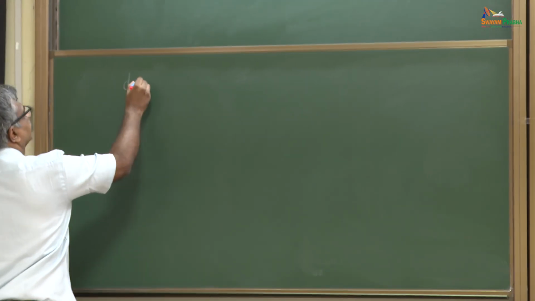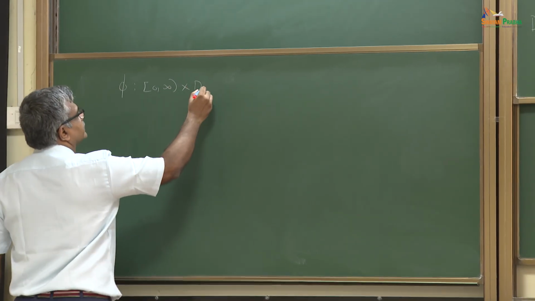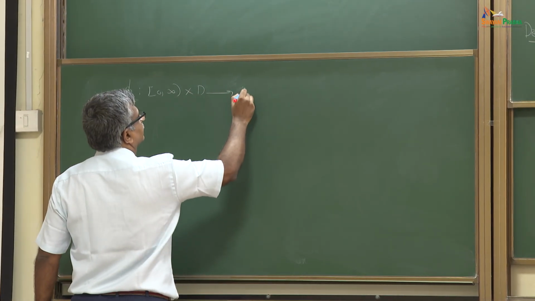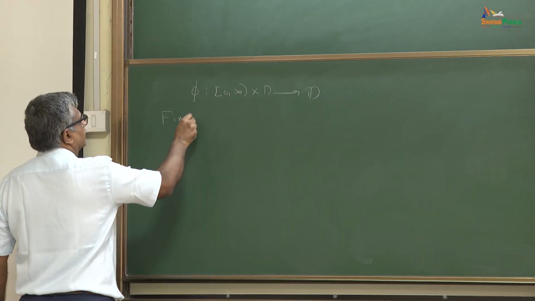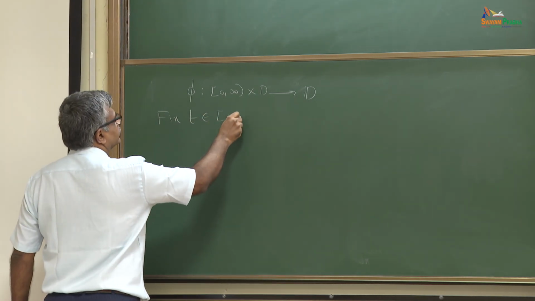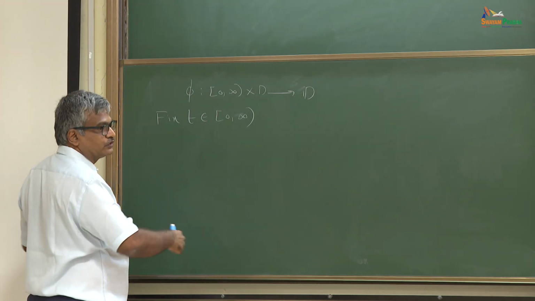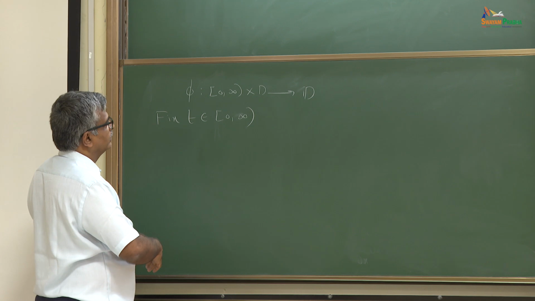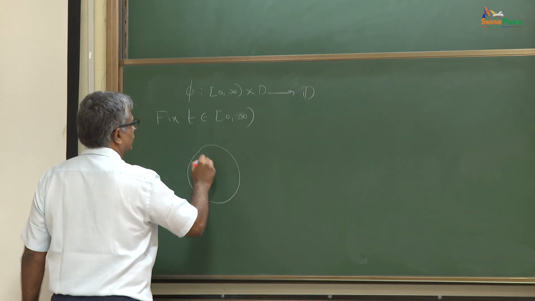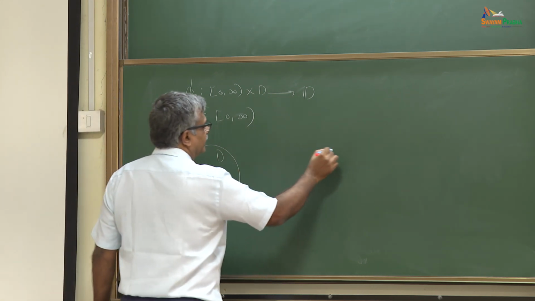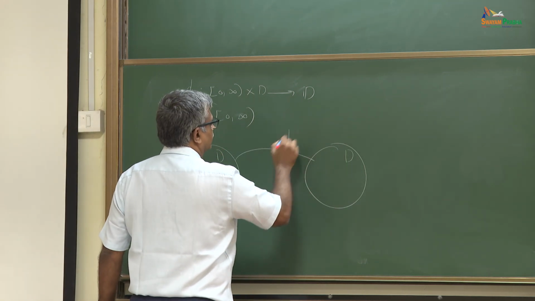So this flow is a map from, we have seen, [0, infinity) Cartesian D to D, okay. Now say fix t in [0, infinity), okay. You fix t, that means you allow only the x to vary, right. So you have some D, and this is also D, and you have this map phi.